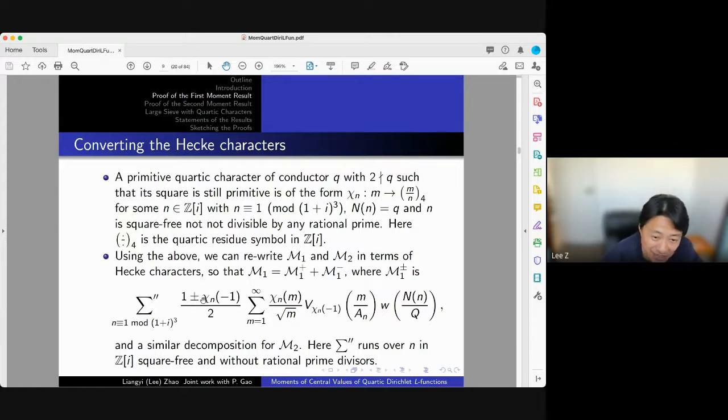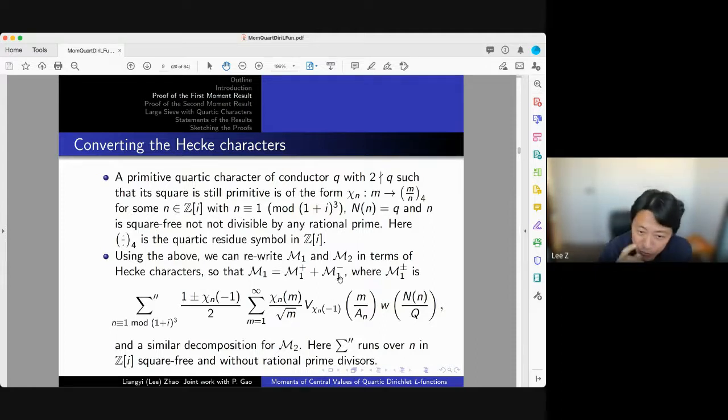And for M1 minus, I get a 1 if chi is odd, and I get a 0 if chi is even. So M1 plus is for even characters, M1 minus is for odd characters.